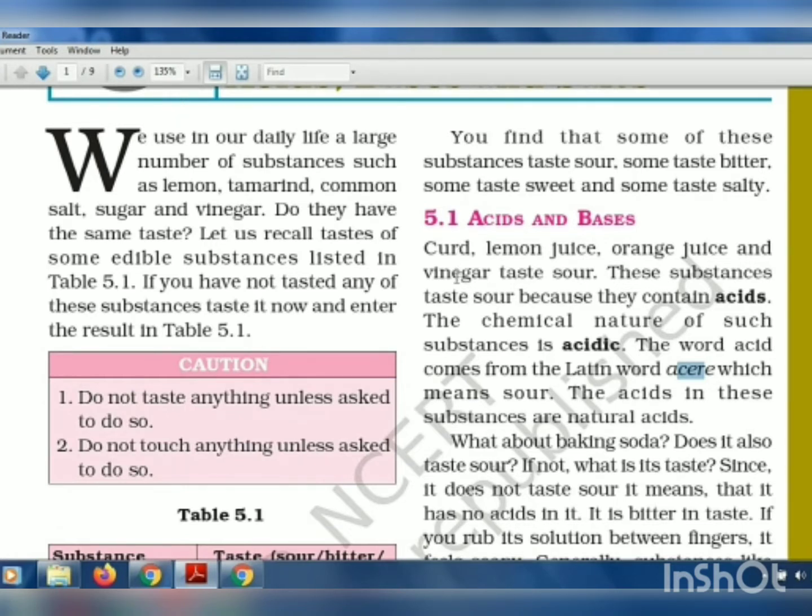Vinegar is also made from these juices. So that is why vinegar, curd, lemon juice, orange juice, they all taste sour. They are acidic in nature and they are natural acids.